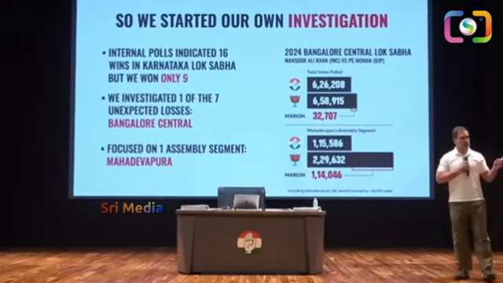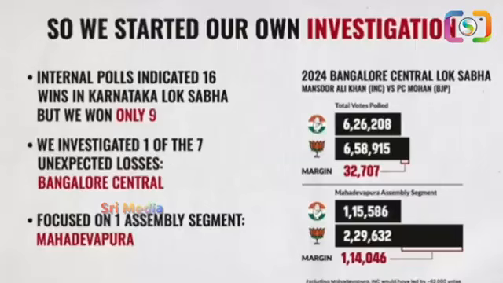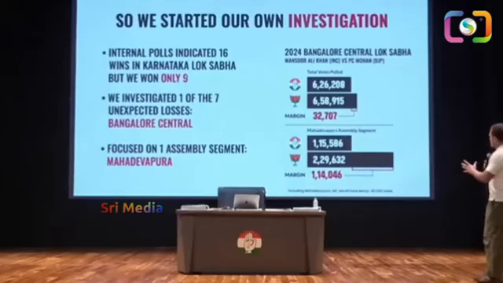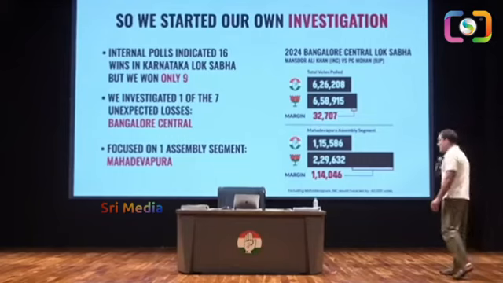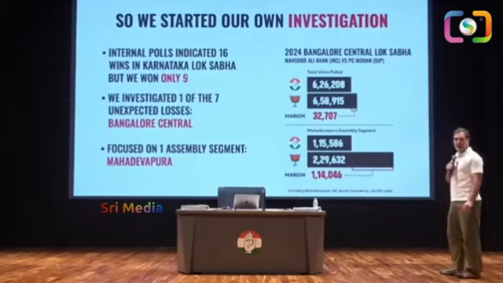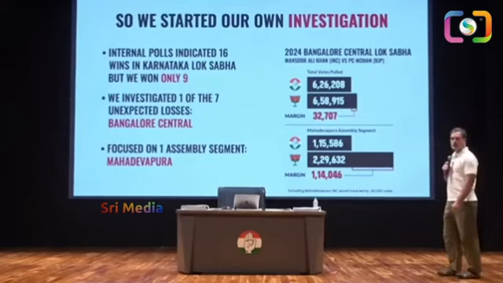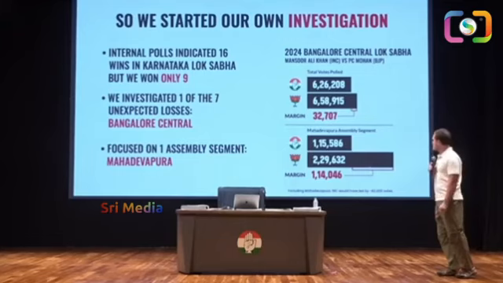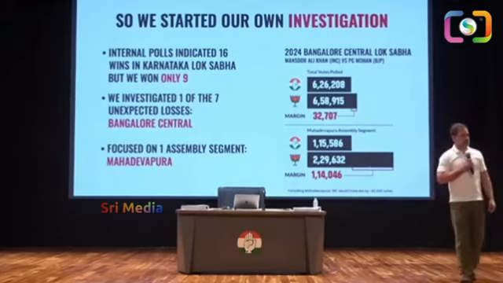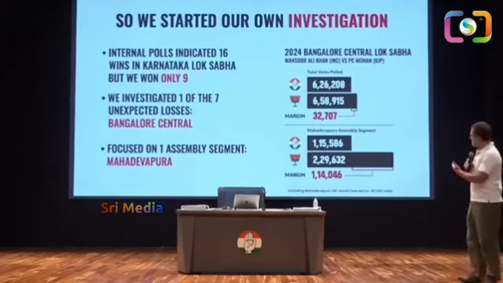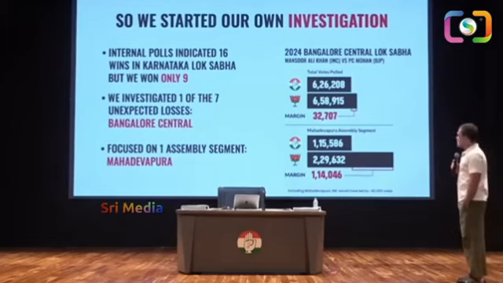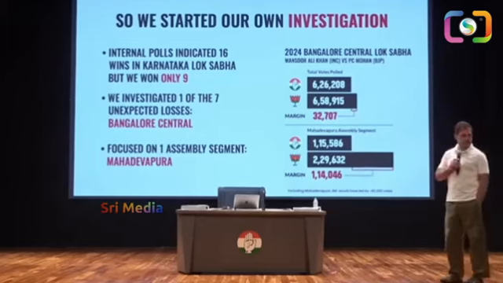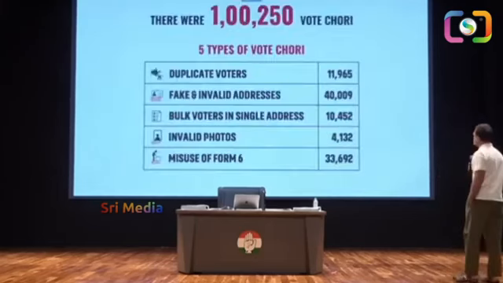Congress wins all the Vidhan Sabhas except this one. And in this one, BJP sweeps and gets a margin of 1,14,046. This seat wins them the election. And the Lok Sabha goes in their favor. Next.